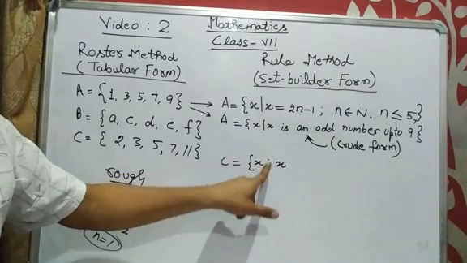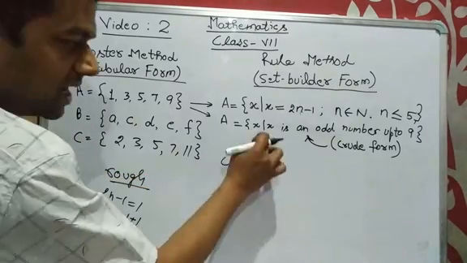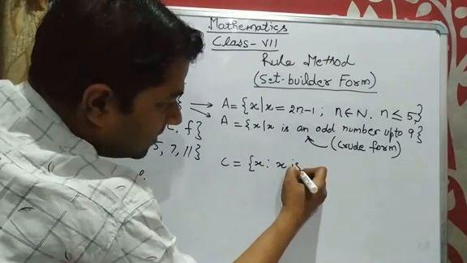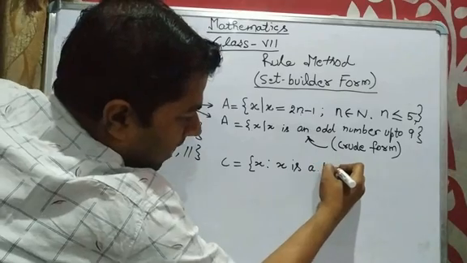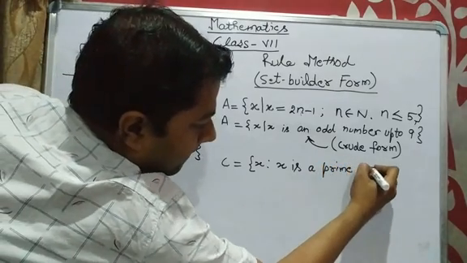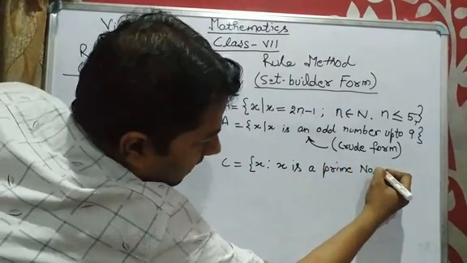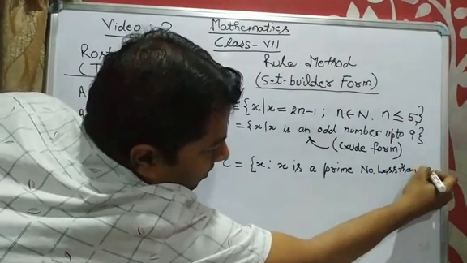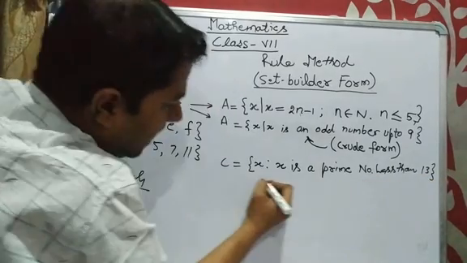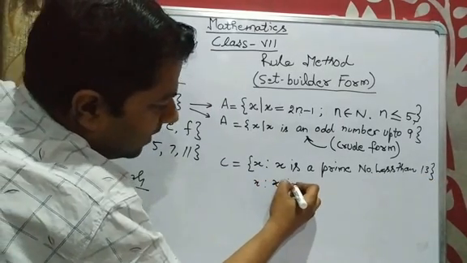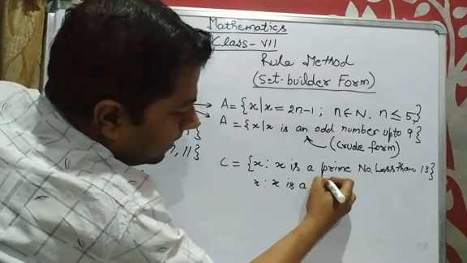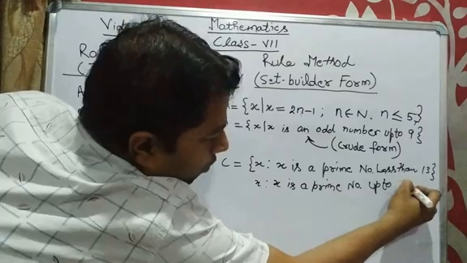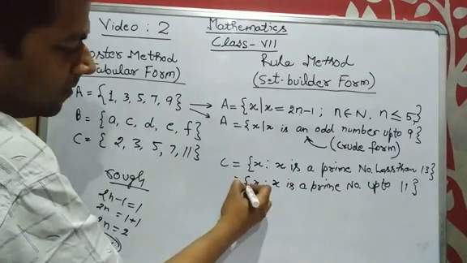Any symbol we can use for such that. Both are same. X such that X is a prime number less than 30, or X is a prime number up to 11. Both are same.